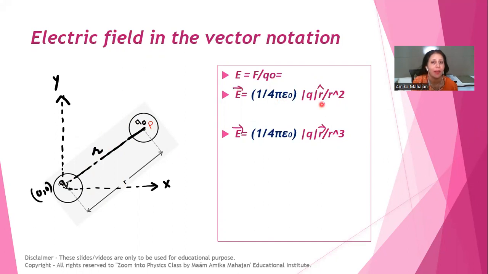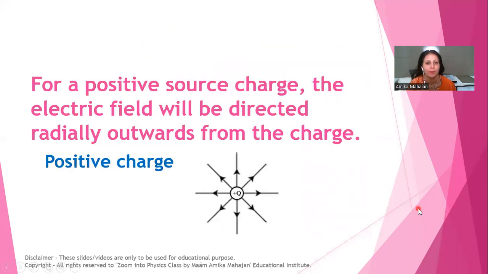So in vector form, I have to multiply this magnitude, 1 by 4 pi epsilon naught Q magnitude upon R square, by R cap. And this R cap can be written as R vector upon R. So I get E vector is 1 by 4 pi epsilon naught Q magnitude R vector upon R cube. So this is electric field in vector form.